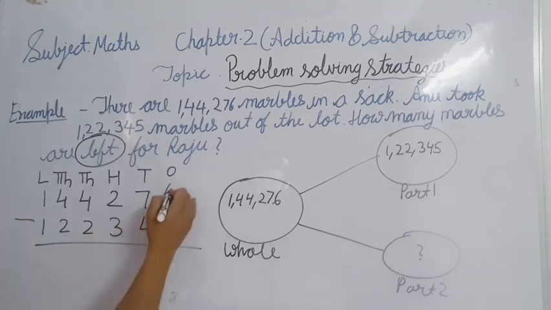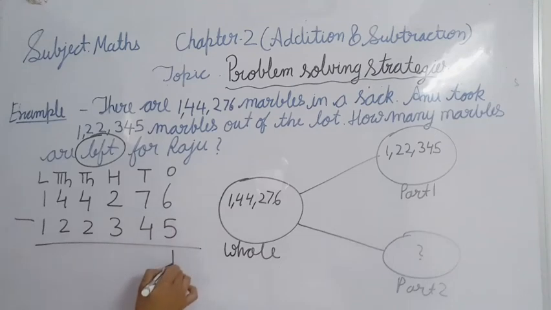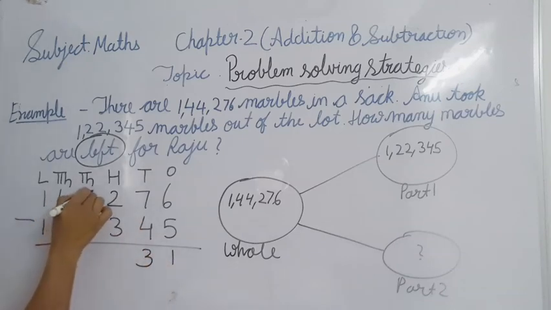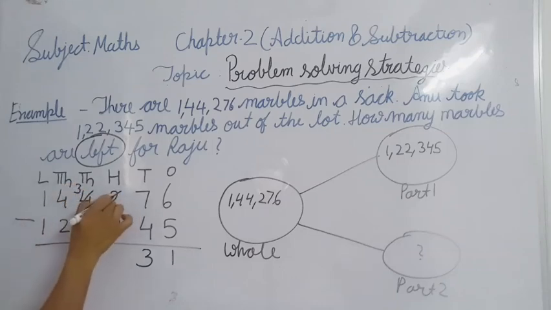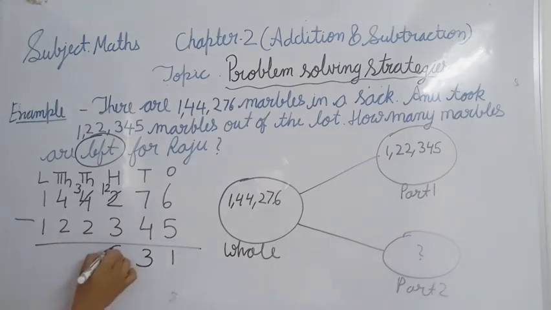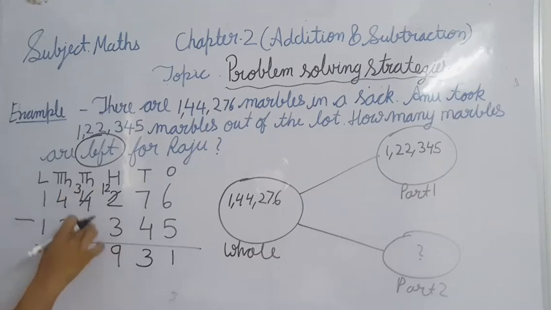Start from the ones place. 6 minus 5, 1 will come. 7 minus 4, 3. 2 minus 3 is not possible, so we'll take help from the thousands house. And here in place of 2 now we have 12. So 12 minus 3 we have 9. 3 minus 2, 1. 4 minus 2, 2.